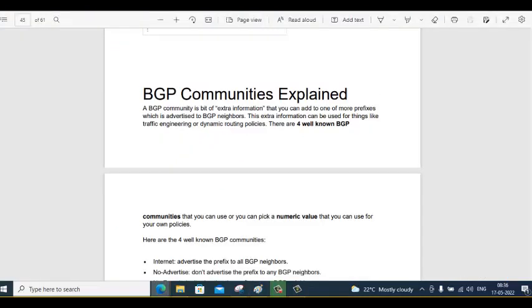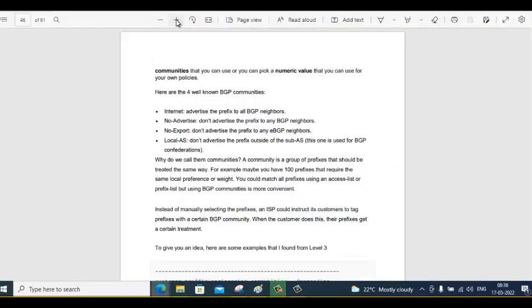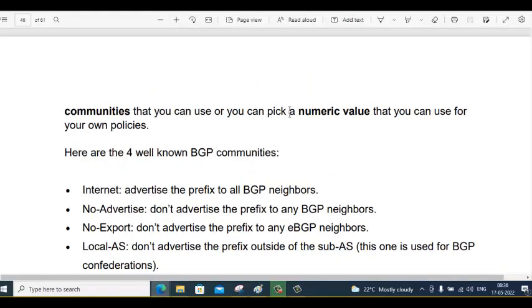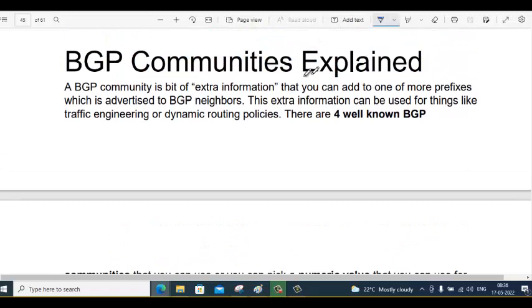So what is BGP community? BGP community is a bit of extra information that we can add to one or more prefixes.